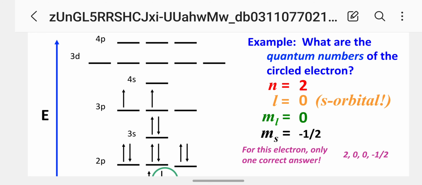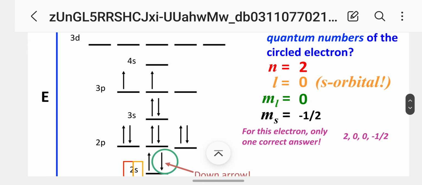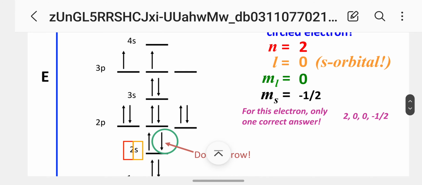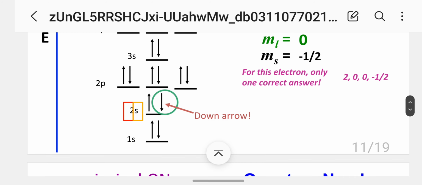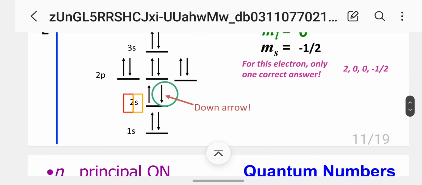Then we have the spin quantum number. So the quantum numbers of the circle electron will be, respectively, principal quantum number 0, azimuthal quantum number which expresses its s orbital position, magnetic quantum number which is 0, and spin quantum number which is negative half for counterclockwise in the downward direction.